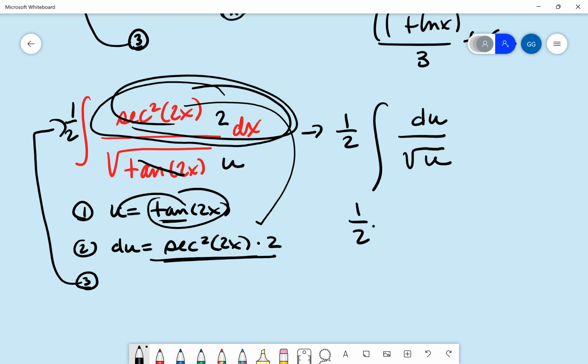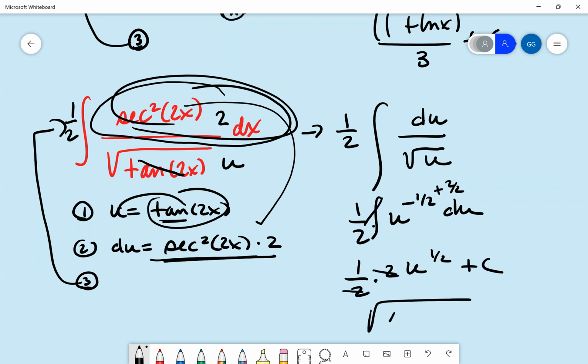So I need to rewrite it as u to the negative 1/2 du. And when I increase it by 1, by adding 2 over 2, I'll get u to the 1/2 multiplied by its reciprocal. And then now I'll get the square root of tangent of 2x plus c. And there you have integration by u substitution.